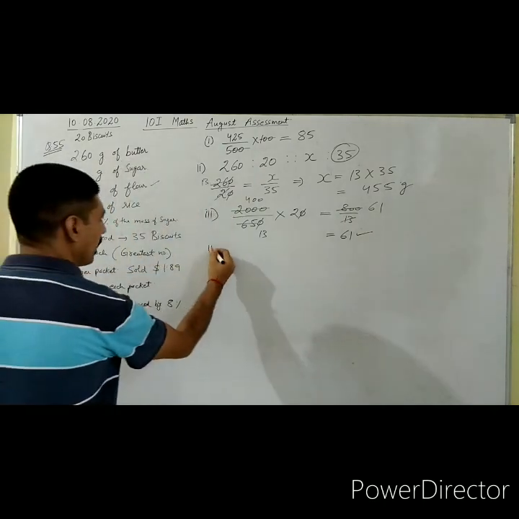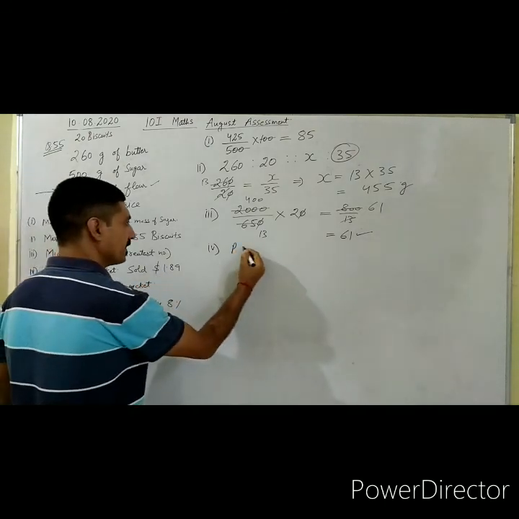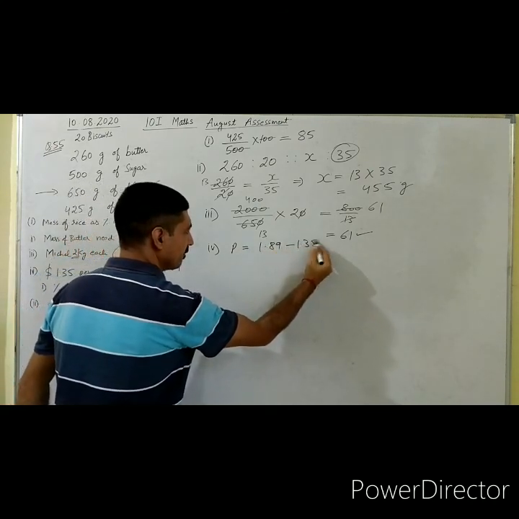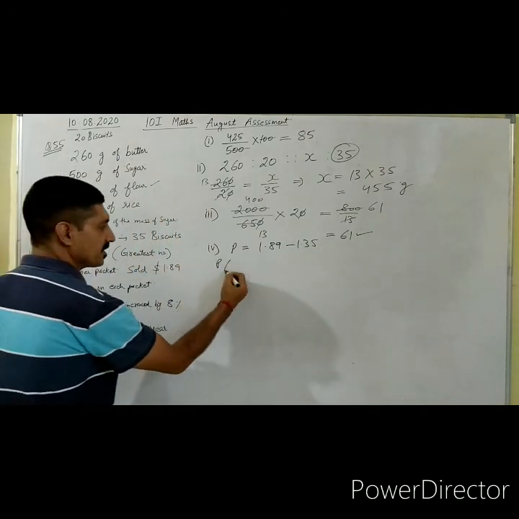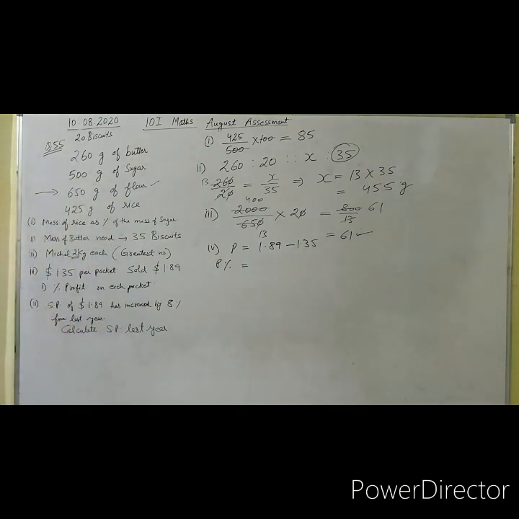Next, the fourth part: the cost of the company is $1.35 per packet, and sold at 1.89, the cost of one packet, the profit percent they want. So what is the profit? Profit is equal to 1.89 minus 1.35, and the profit percent is always calculated on the cost price. The cost price is 1.35.